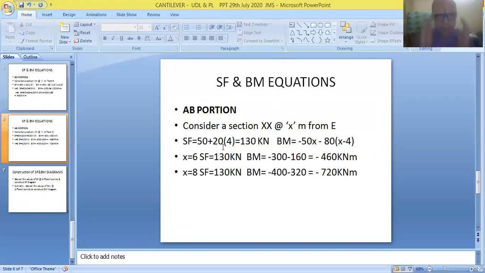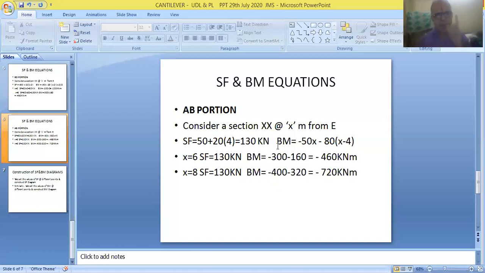So friends, for a distance of 1 meter, a load of 20 kilonewtons is acting. So for a distance of 4 meters, a load of 80 kilonewtons will be acting. So it is taken as 20 into 4, that is 80. Therefore, shear force will be coming to 130 kilonewtons.